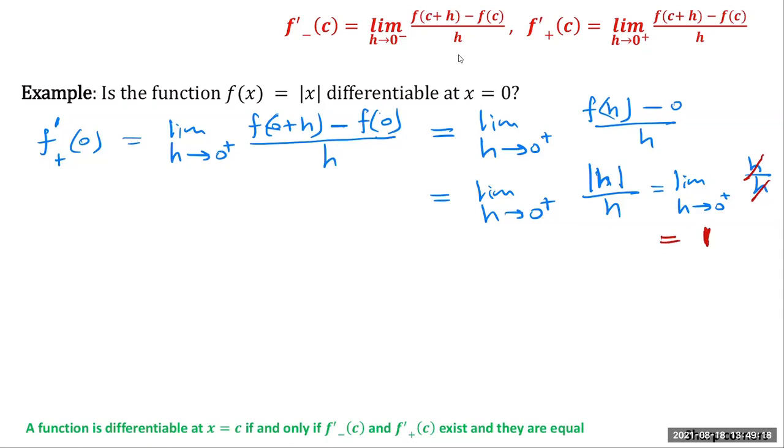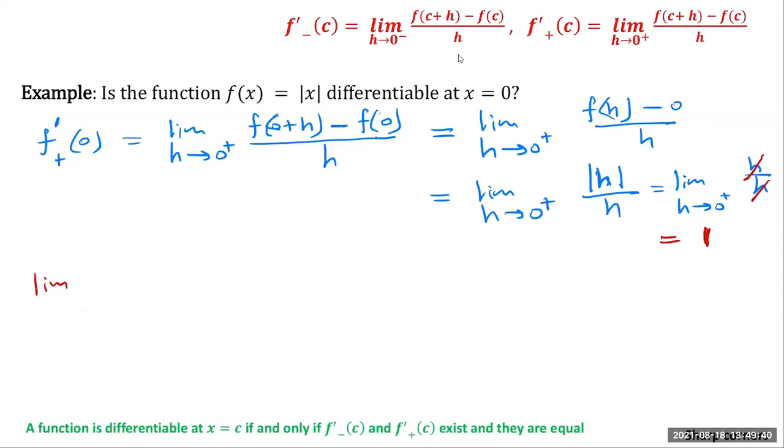So the right derivative is 1. Now let's check the left derivative. I want to find the limit as h approaches 0 from the left-hand side.